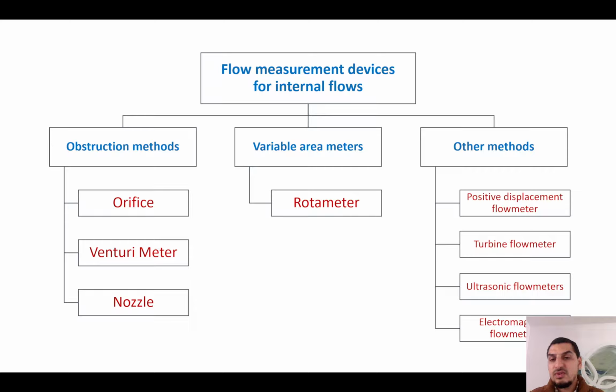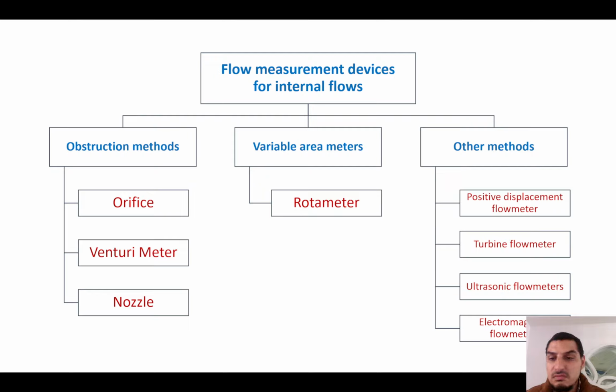So for the sake of time, there are a lot of details in the textbook, and I really encourage you to read the textbook if you're interested in these types. But the one that I will cover here is the obstruction method, and the reason I'm focusing on it is that it relates to what we were discussing in the energy equation, the Bernoulli equation, because it's mainly based on the Bernoulli equation.